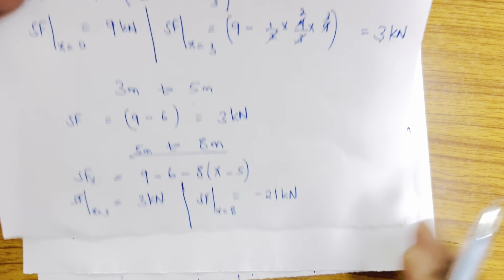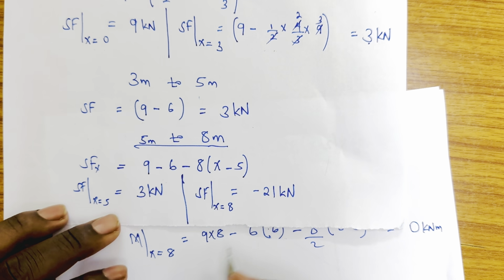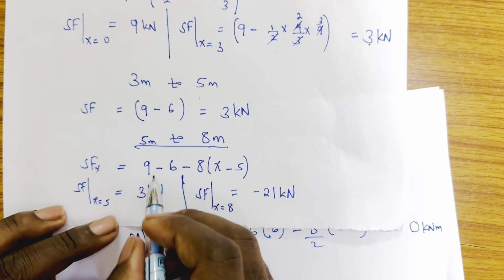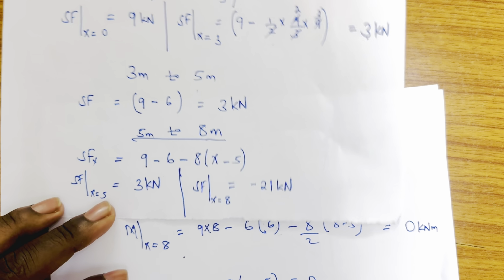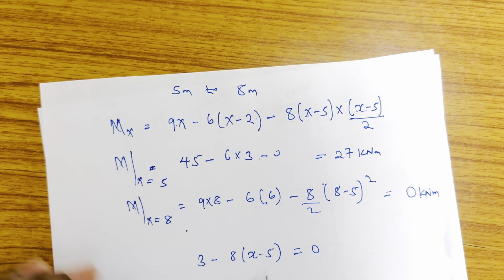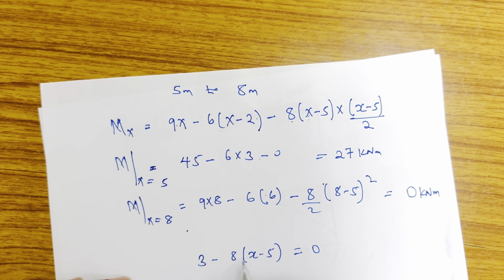So I wanted to show you that, so that first we equate this shear force to 0. So 9 minus 6 is 3, then minus 8 into x minus 5. Let us equate this to 0. We want to find where shear force is 0. What is the value of x where shear force is 0? At that point I will have to take this to the other side. So 3 equals 8 into x minus 5.